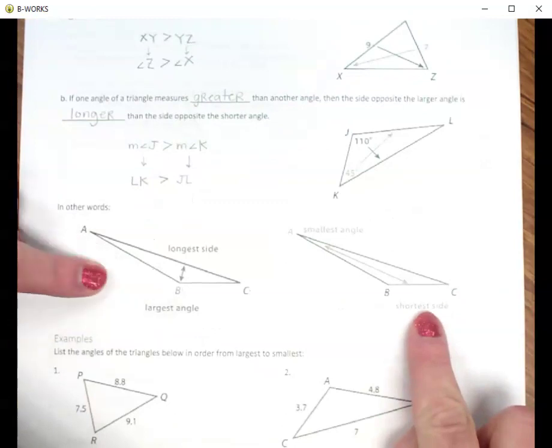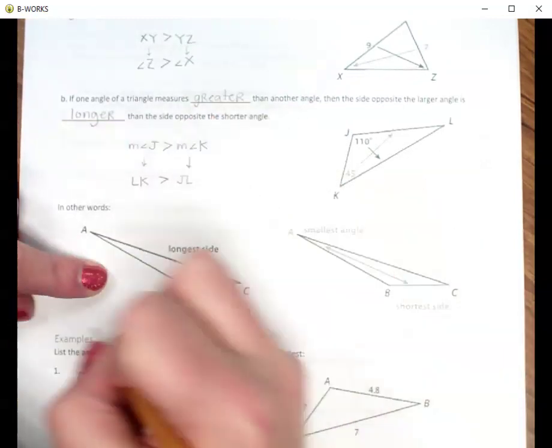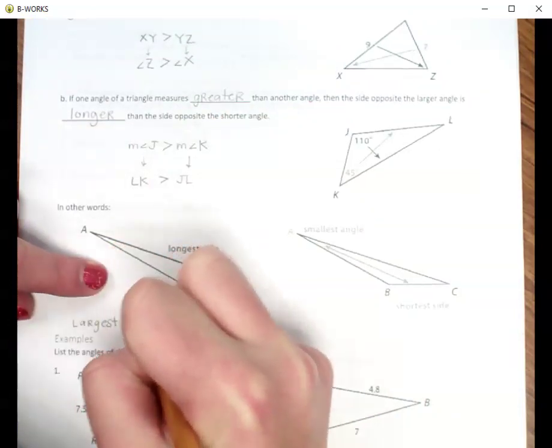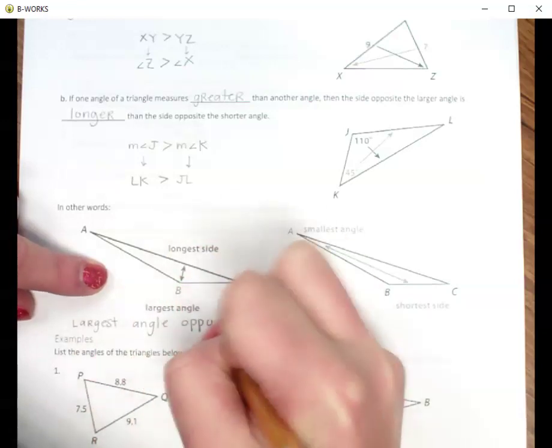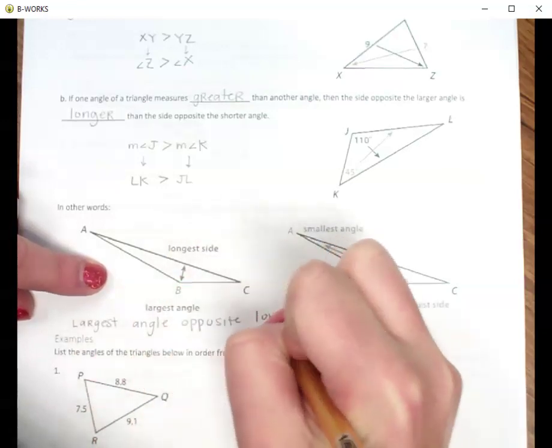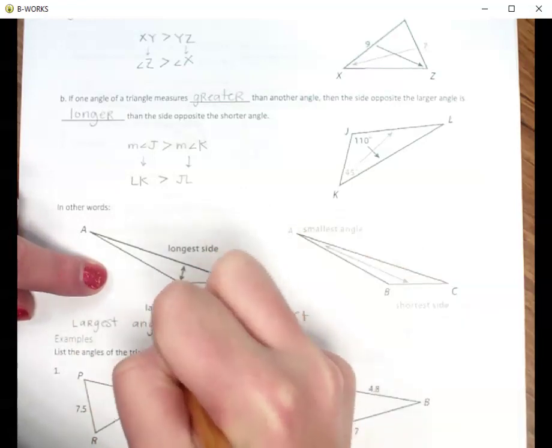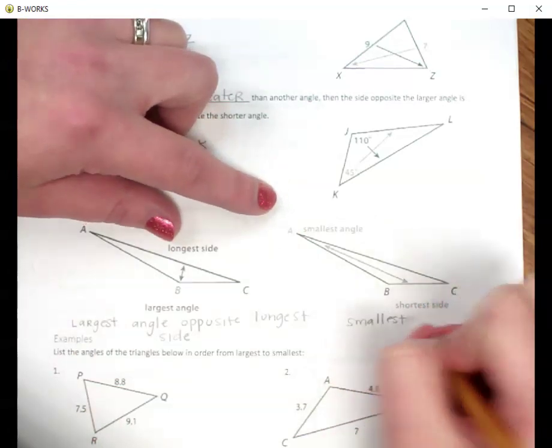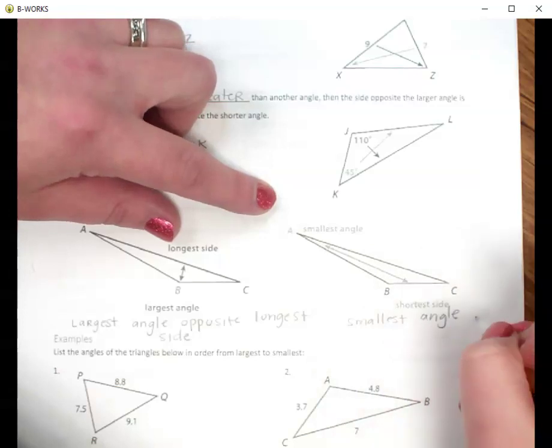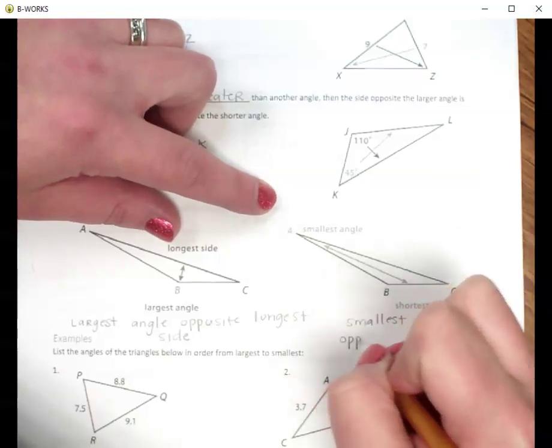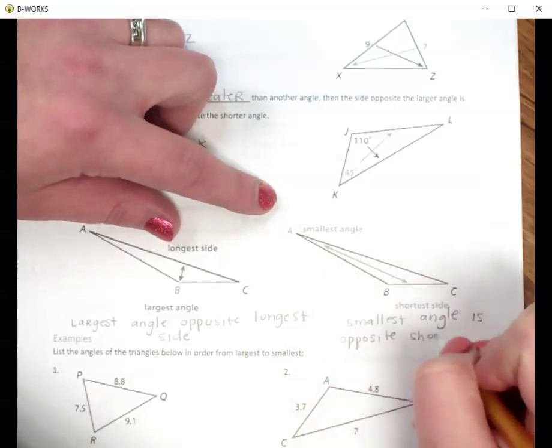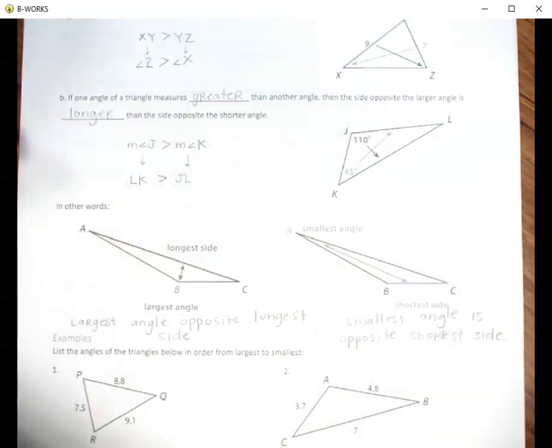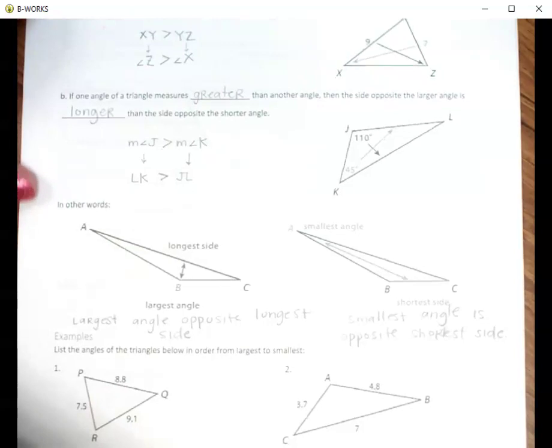The largest angle is always opposite the longest side, and the smallest angle is opposite the shortest side. That's the big takeaway from this angle side inequality in just one triangle.